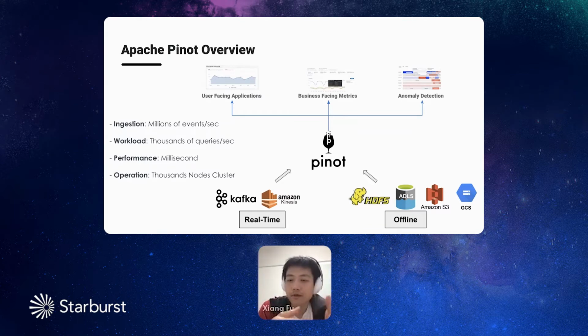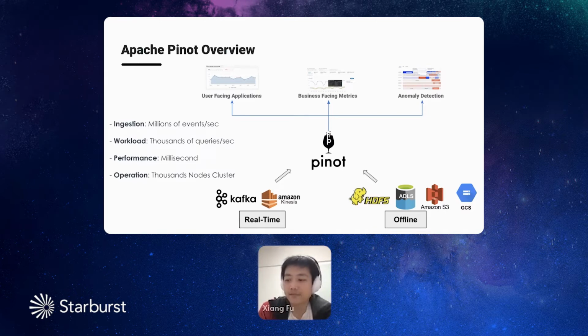When we say low latency, it actually includes two parts. One is low data ingestion latency. The other is low query latency. This means Pinot will directly consume data from real-time data sources like Kafka, Amazon Kinesis, or Apache Pulsar. So all those real-time data sources will be available.